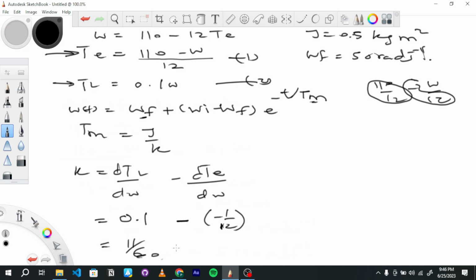So that's k. Once I know k, I can put k into tm. So this implies that tm is equal to J, which is 0.5, over k, 11 over 60. So 0.5 divided by that answer is 30 over 11.